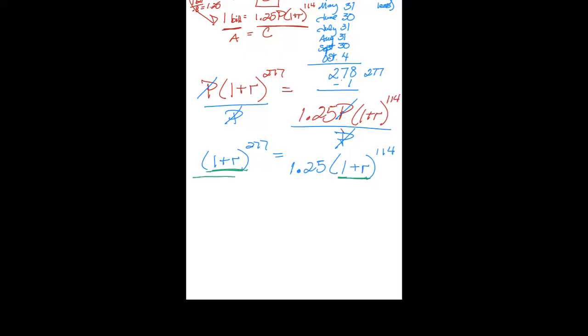What if I divide by 1 plus r to the 277? Divide by 1 plus r to the 277. We canceled the parentheses. Over here we end up with 1 equals, and then I have 1.25 here.